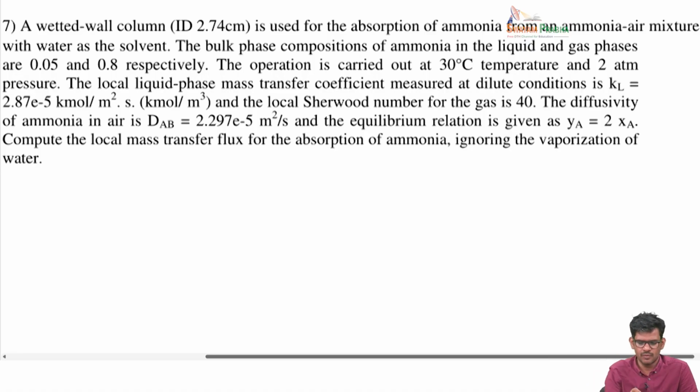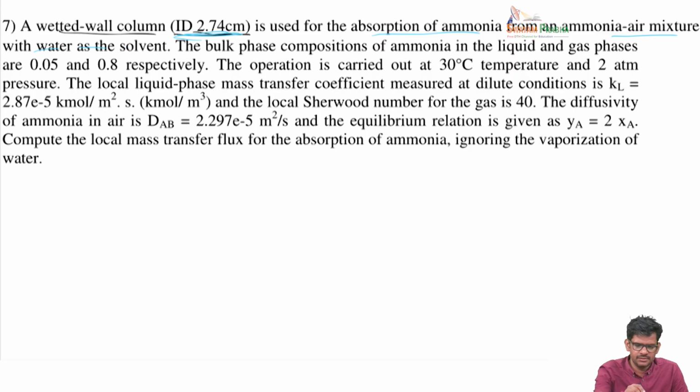So we have a wetted wall column, and some diameter is given. Maybe this information may be useful for us somewhere. This is absorption of ammonia from an ammonia-air mixture with water. Clear cut: A diffusing in non-diffusing B, an absorption problem.